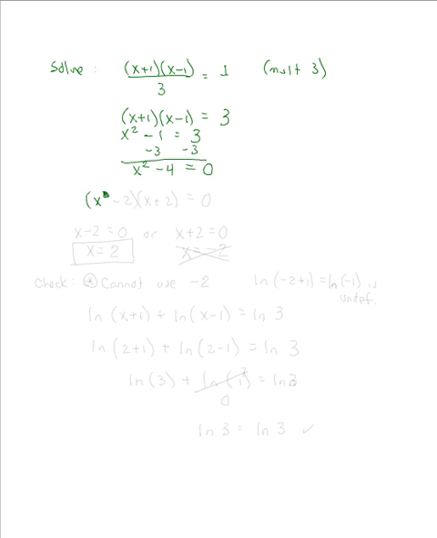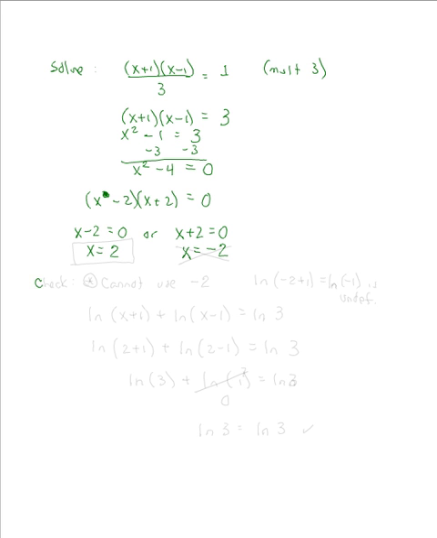It's a difference of squares. x minus 2 times x plus 2 would be equal to 0, and in order for something to multiply out to 0, that means either the x minus 2 is equal to 0 or the x plus 2 is equal to 0, which will give us two solutions. Adding 2 to both sides gives me the solution x equals 2 for the left equation. For the right equation, subtracting 2 from both sides yields x is equal to negative 2.